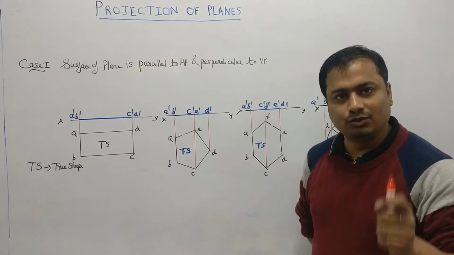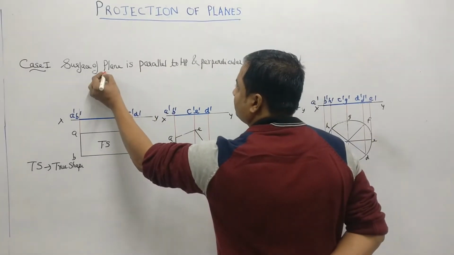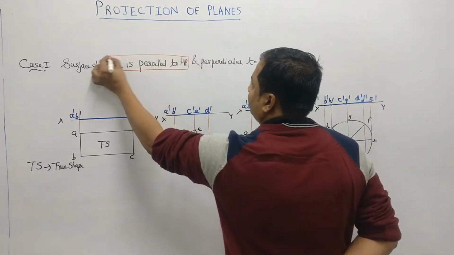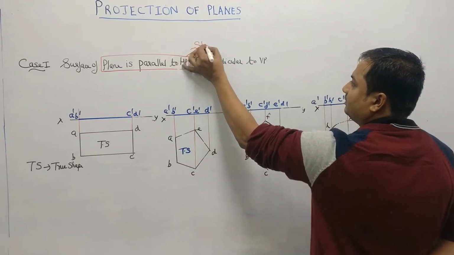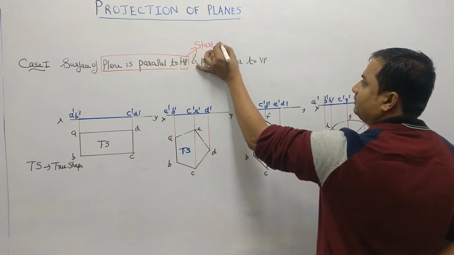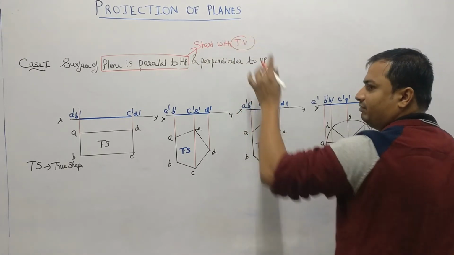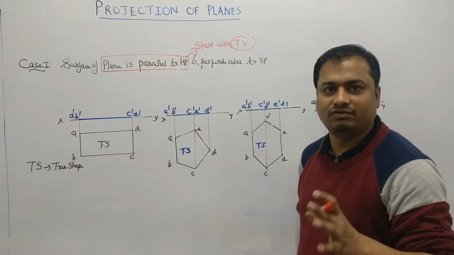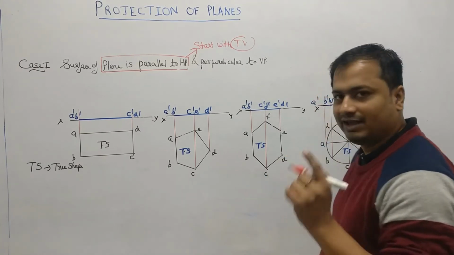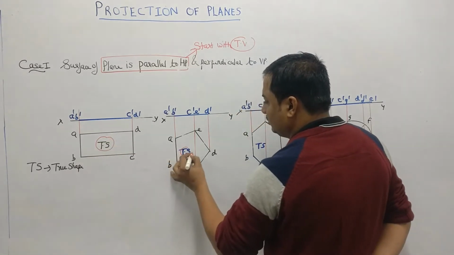We can conclude, and this is very important, that if the plane is parallel to HP, you always have to start your drawing with the top view. Why? Because we get the true shape in the top view.